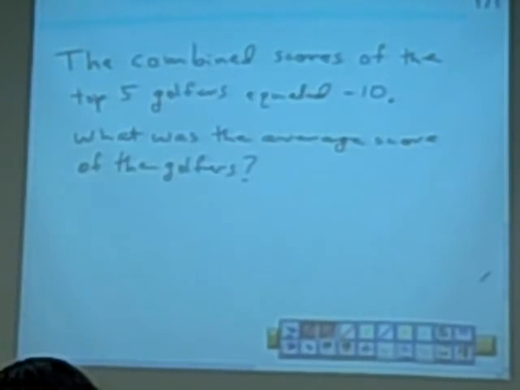We're saying that the combined score, or the sum of all the golfers, came out to be negative 10. How would we write this out? Negative 10, very good, over 5. Because we want an average.